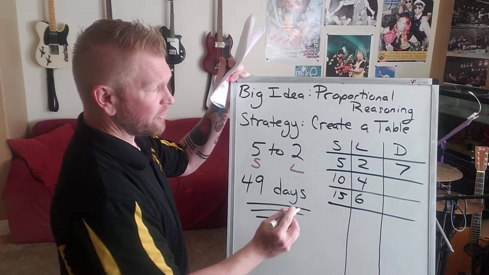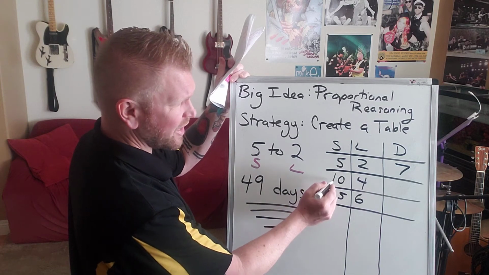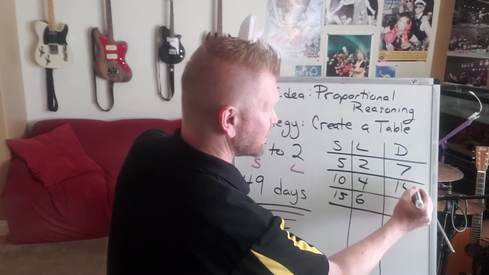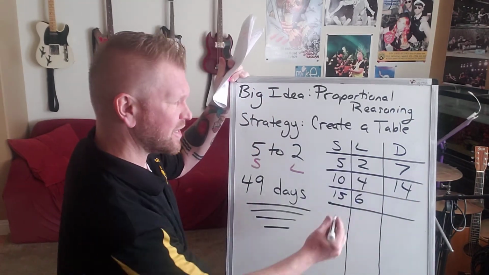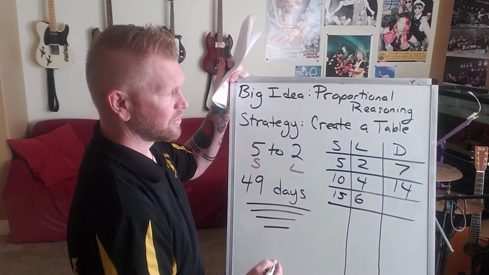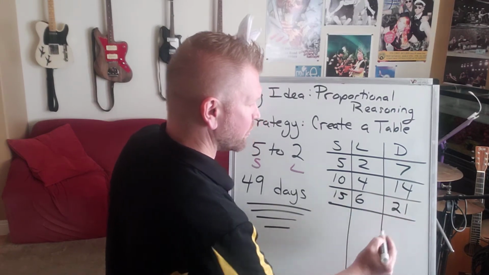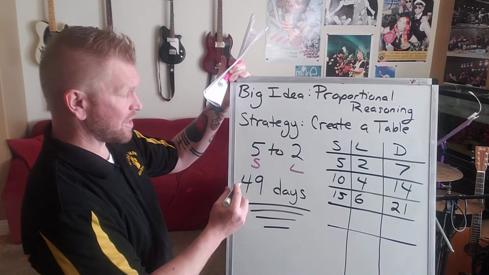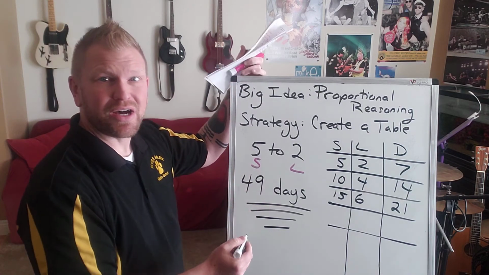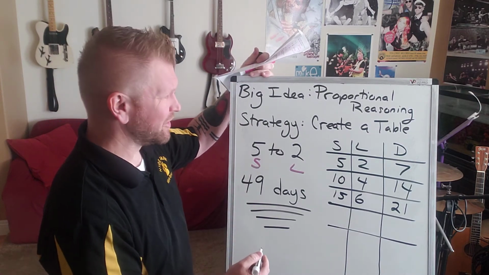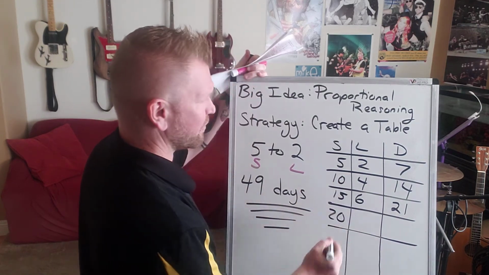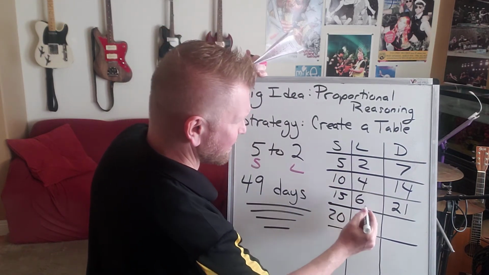All right, what about if he wore sneakers 10 times and loafers 4 days? That's 14 days. How many days is this? 21 days. So if we keep going, by the way, we're going to have to stop at 49 days, right? So let's keep going. I hope I have enough room here. We'll see. So 5, 10, 15, 20, 2, 4, 6, 8.